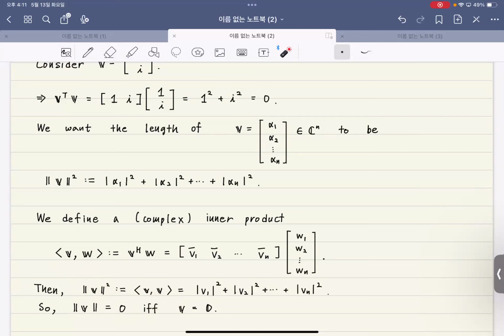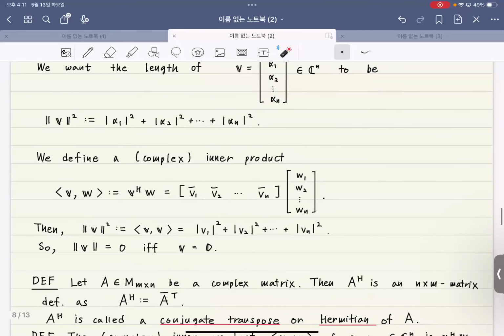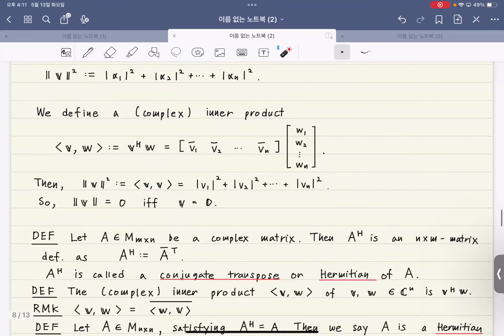Great. This is the only difference between real matrices and complex matrices. And I feel like I have to give you the precise definition of this tiny little h over here. So this is the definition.